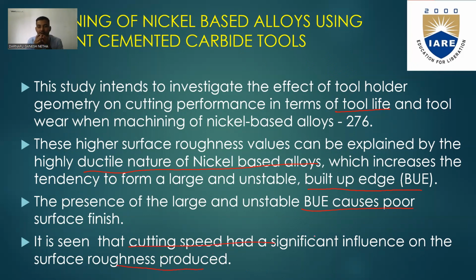This line is explaining that the highly ductile nature of nickel alloys increases the tendency to form a large, unstable built-up edge. So automatically BUE, that means built-up edge, will be formed when the nickel alloys are highly ductile in nature. BUE stands for built-up edge. Whenever a large unstable built-up edge is formed, it leads to poor surface finish.